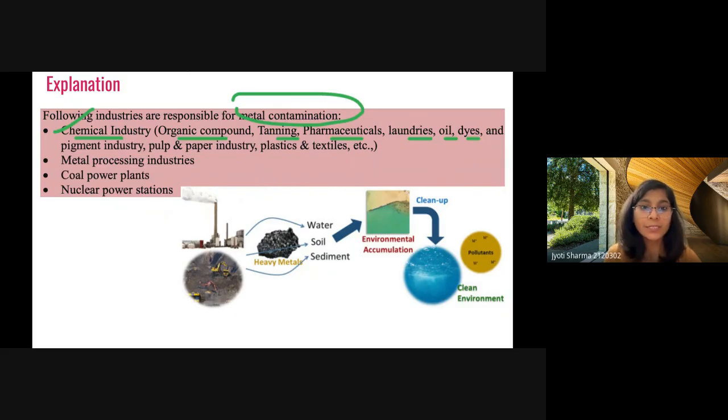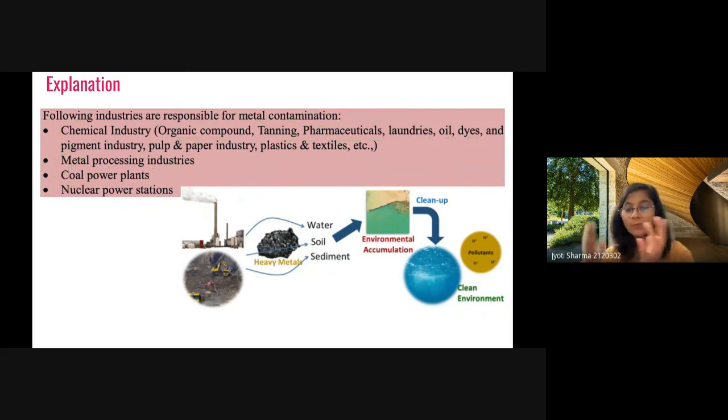We can get it from metal processing industries, from coal power plant, from nuclear power plant. No doubt we have pharmaceutical here, but if we are talking about major contributor, then these are more, right? So this is kind of relative. That's why pharmaceutical is not exactly the right answer, but relative to others, we have to give pharmaceutical as the right answer.